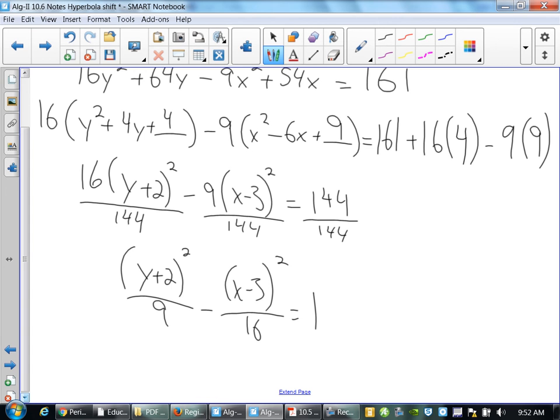It's 9 and 16, right? Like I said, a lot of times you're going to get these perfect squares that go back and forth: 9, 16, 25s. You kind of have the same numbers over and over again. Now you can finally go ahead and graph.